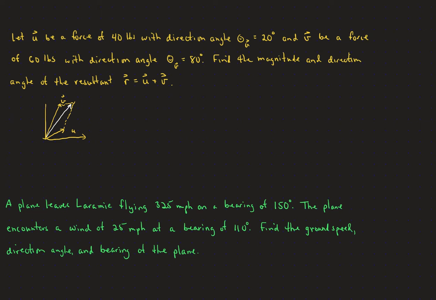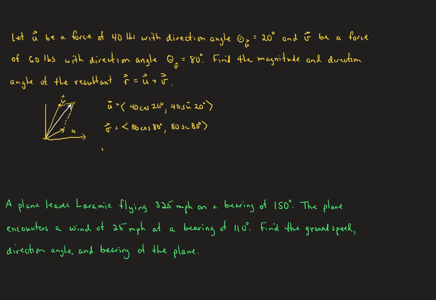So our vector U in component form is going to be its magnitude, which we said was 40, times the cosine of 20, 40 sine of 20. And the vector V will be its magnitude 80 times the cosine of 80 and 80 sine of 80.